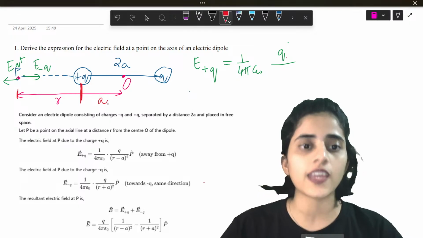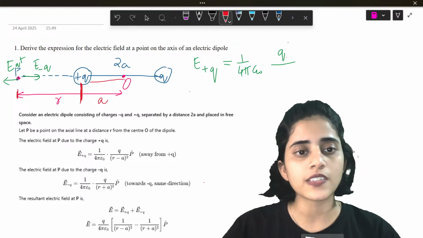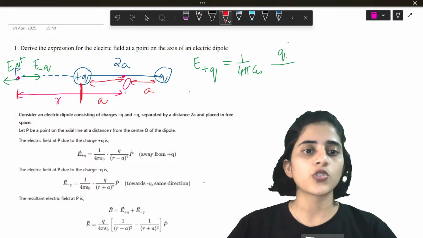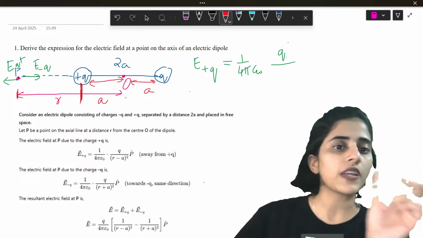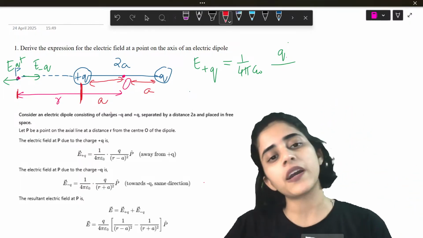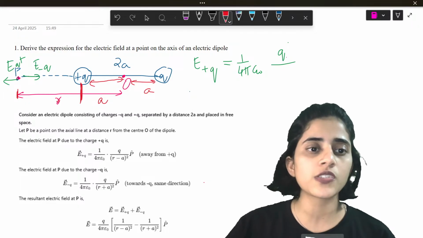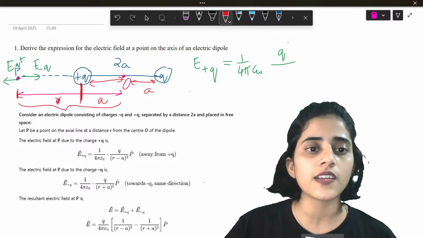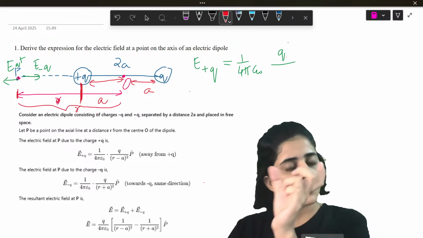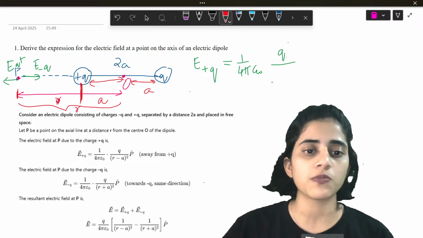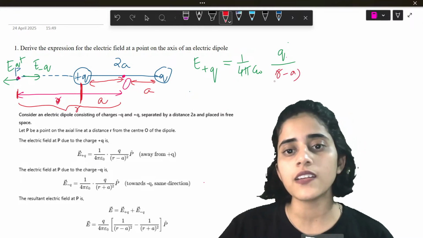This much is A, and this is also A. So from plus Q to P, wouldn't it be R minus A? Because this whole thing is R and that small part is A. So this should be R minus A square.